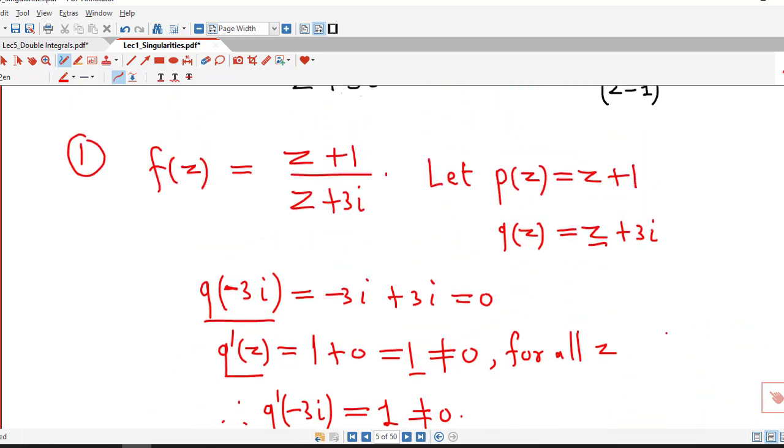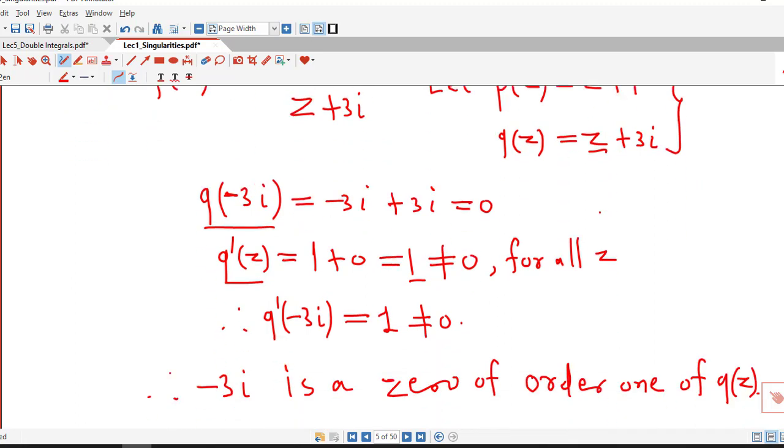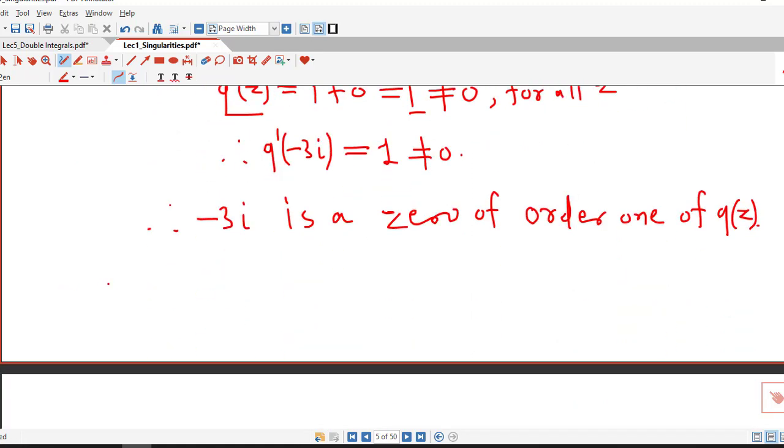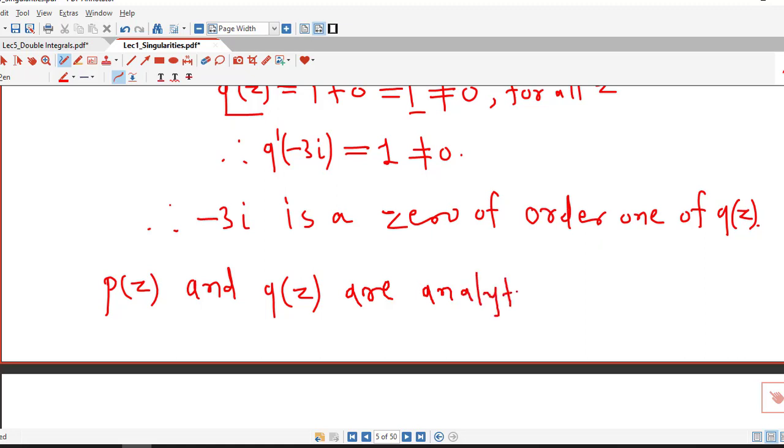Also we have to check another condition. So we have p of z and q of z, both are polynomial functions, they are analytic everywhere. So that condition is also satisfied. P of z and q of z are analytic at every point, and therefore at z equal to minus 3i also.